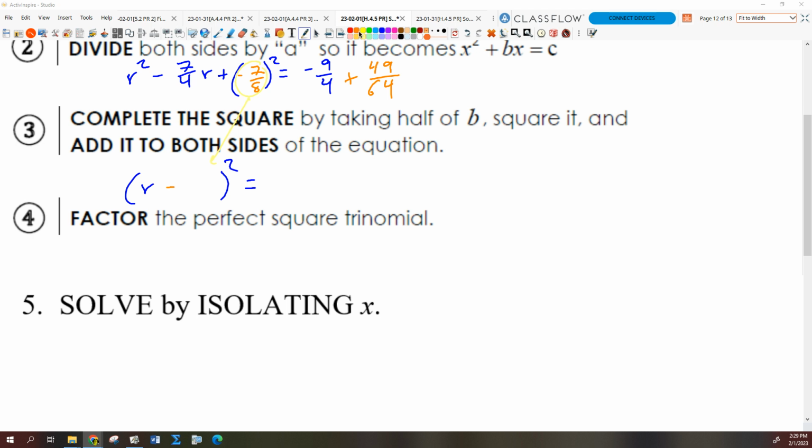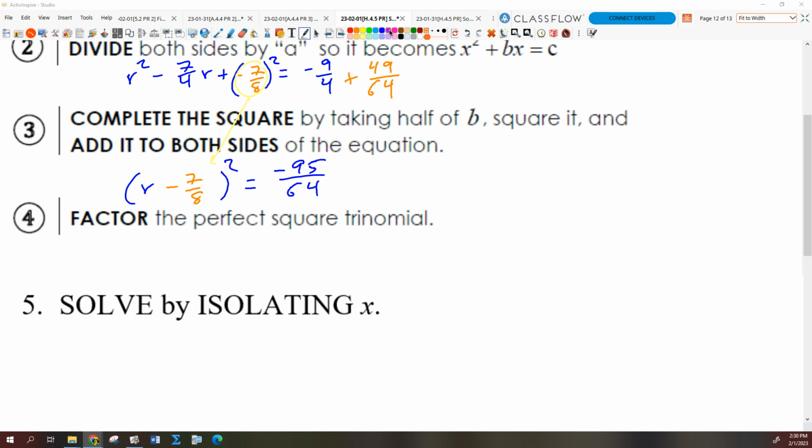So I get r minus 7/8 quantity squared equals that. And you guys did the math. If I multiplied this by 16 over 16, I get negative 144 64ths plus 49 64ths is negative 95 64ths, right? Okay, so I square root both sides.